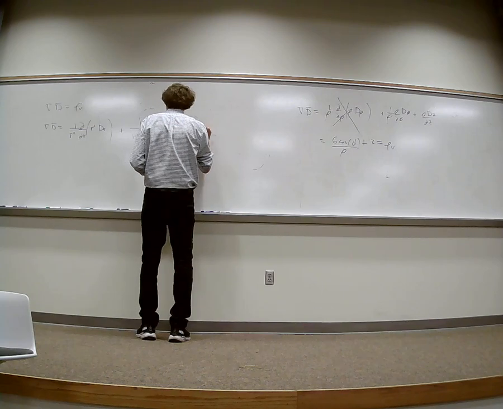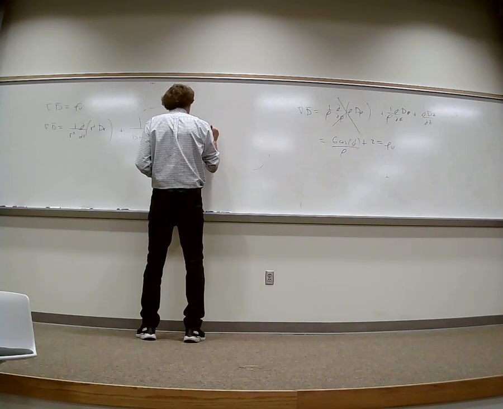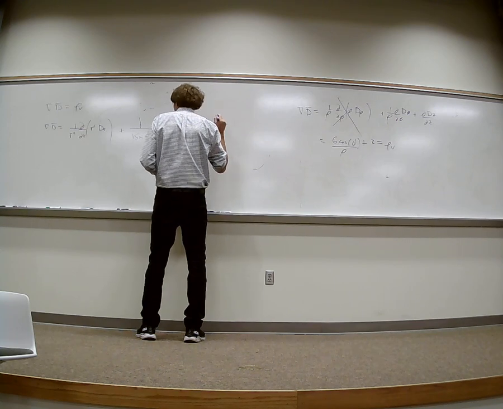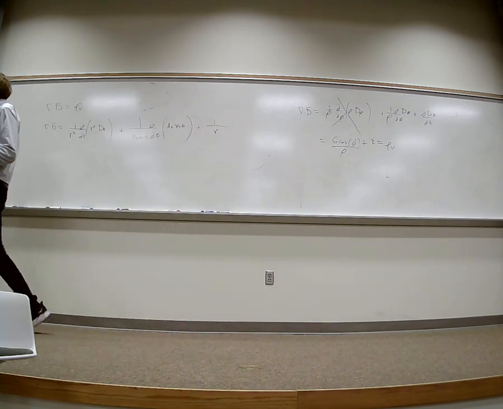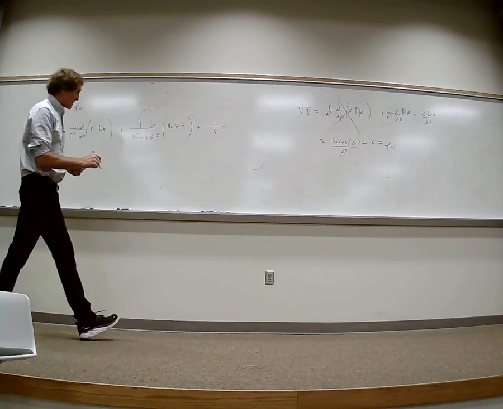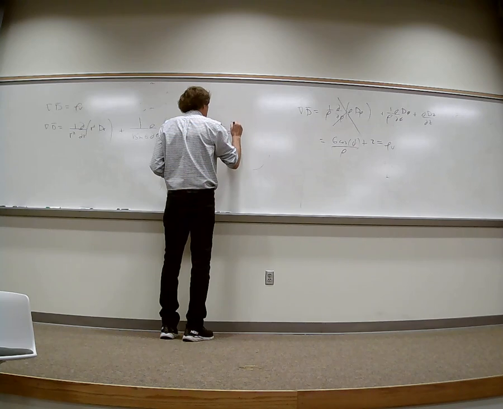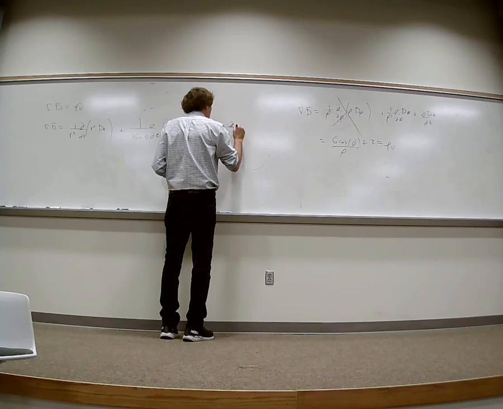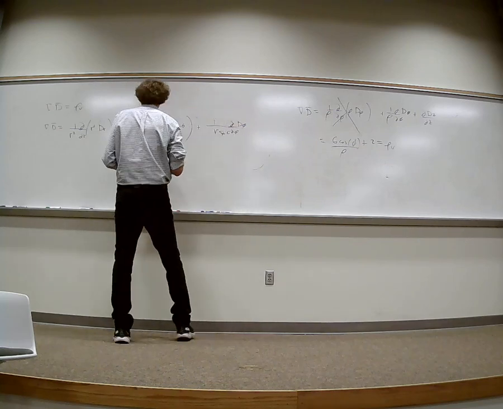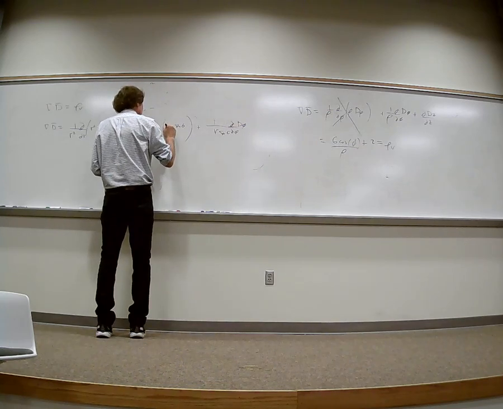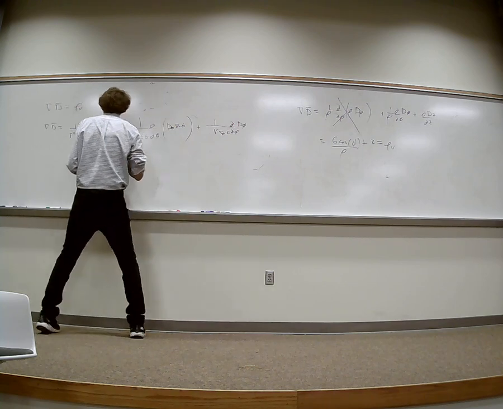And then plus 1 over r sine theta, this is the phi term, d D_phi d phi. And I shouldn't put a there, I should put d actually. But you all follow me?